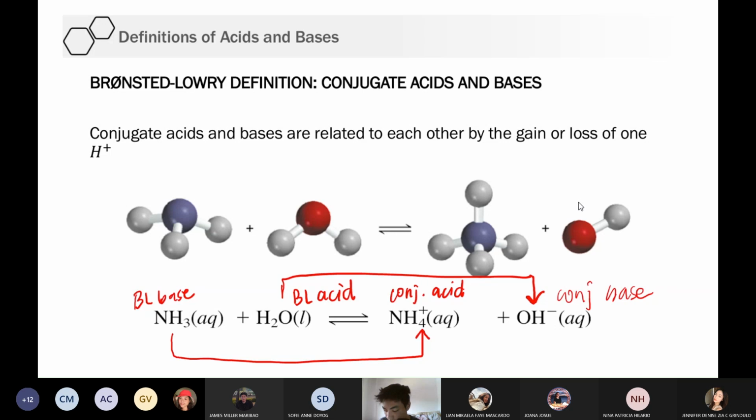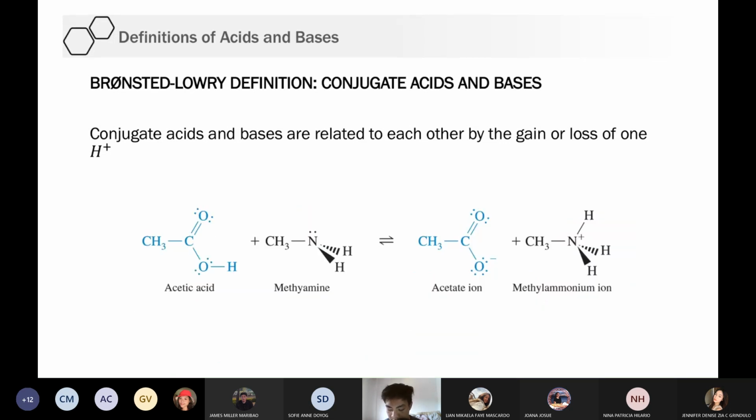Okay? Now, let's look at some more examples here. We have acetic acid and methylamine. It will produce acetate ion and methylammonium ion. So, tignan natin. Sino yung acid, sino yung base, sino yung conjugate acid, sino yung conjugate base.